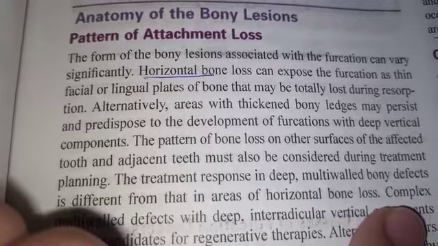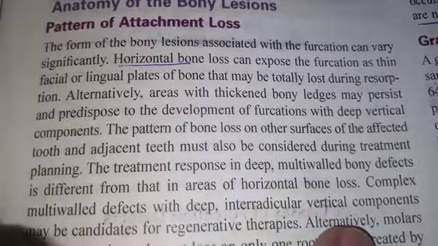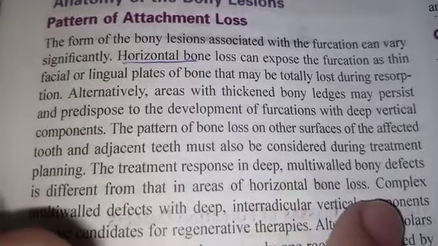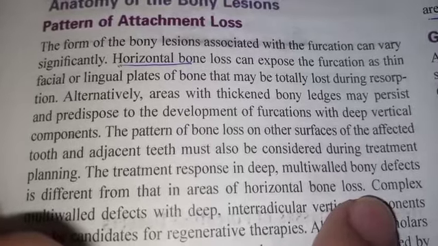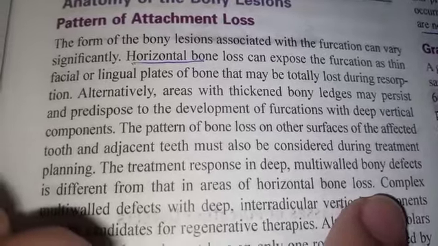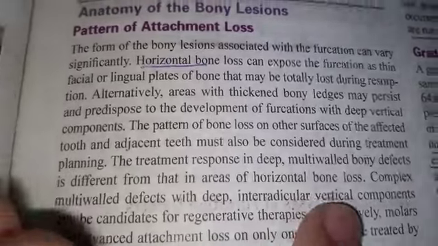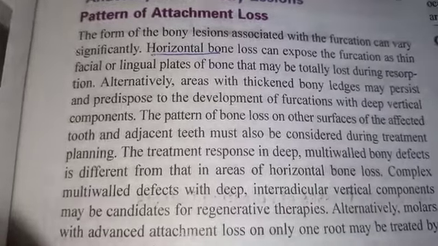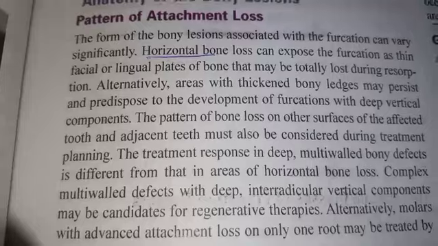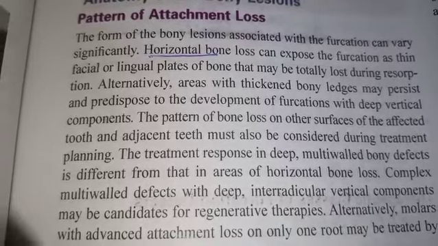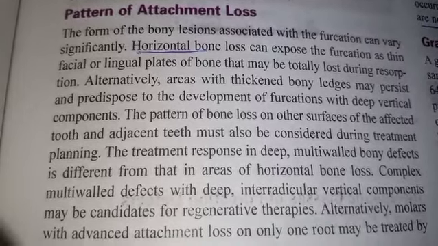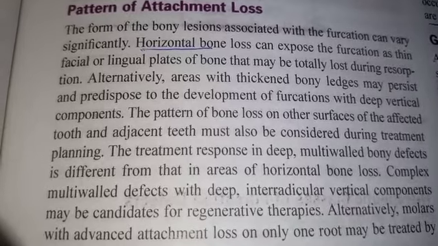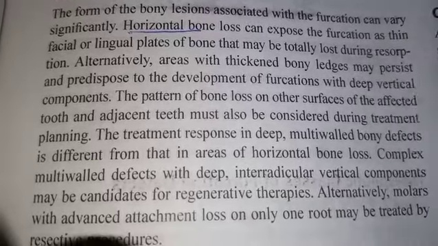The treatment response in deep multi-walled bony defects, like one wall, two wall or three wall defects, is different from areas of horizontal bone loss. They are complex. The multi-wall defects with deep intra-radicular vertical components are candidates for regenerative therapies.